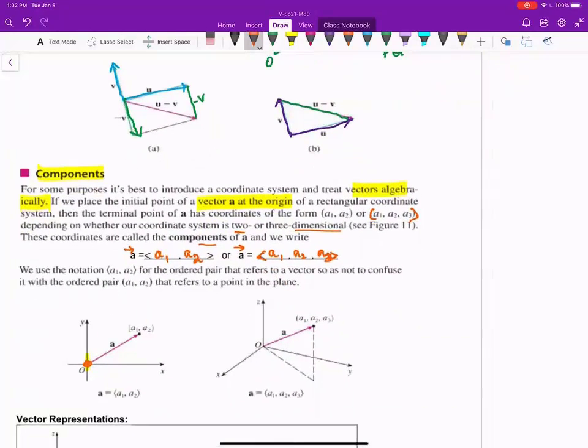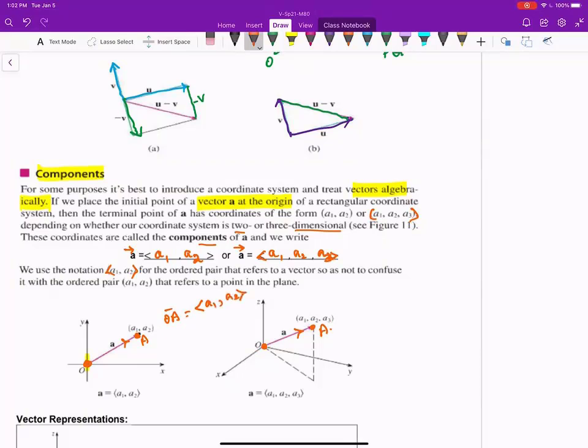We use the notation angle bracket A1, A2 for the ordered pair that refers to a vector starting from O to the point A in space. So that is the vector. It is the directed line segment that is represented in the angle bracket form. If I write vector OA, I should write A1, A2 in angle brackets.